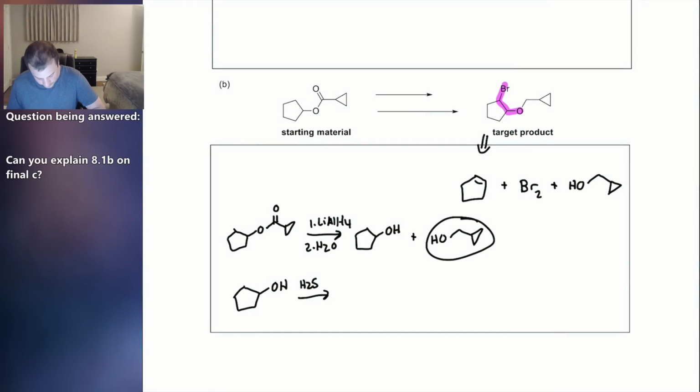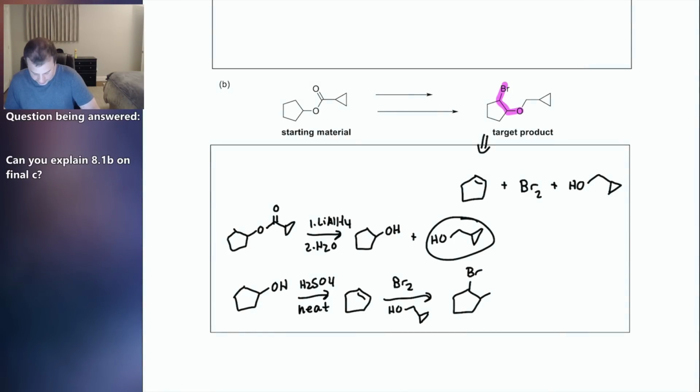So H2SO4, heat, that'll work because it's a secondary alcohol. That'll go to the alkene. And then we just treat that with Br2 and this alcohol. And that's going to lead to the... I told you you didn't have to worry about stereochemistry. So that leads to the product in a single step. Nice, right? Not so bad once you recognize the halo ether, right?